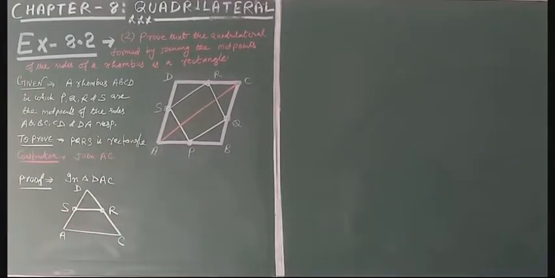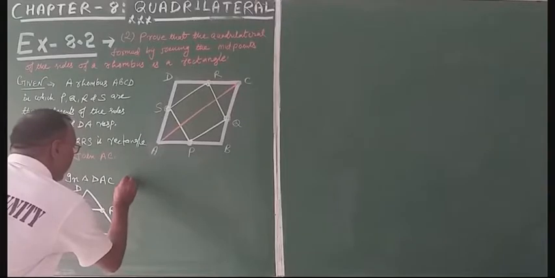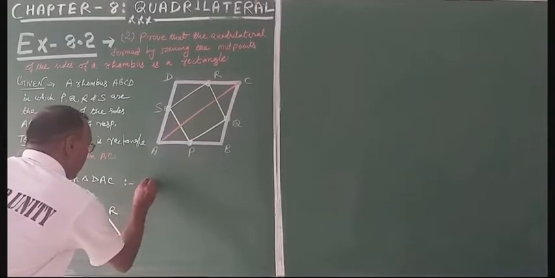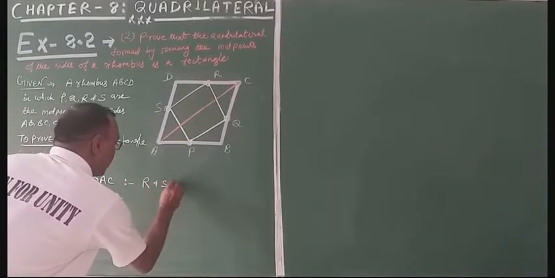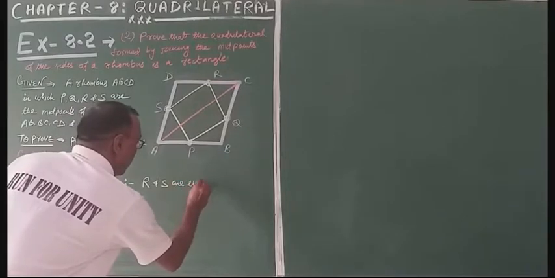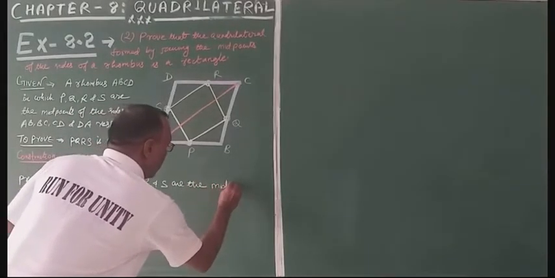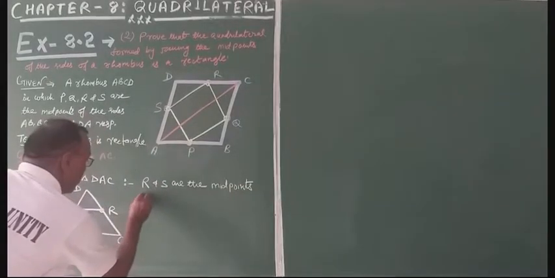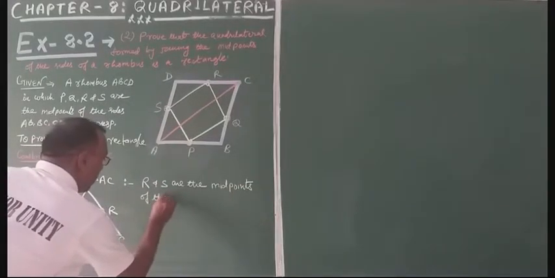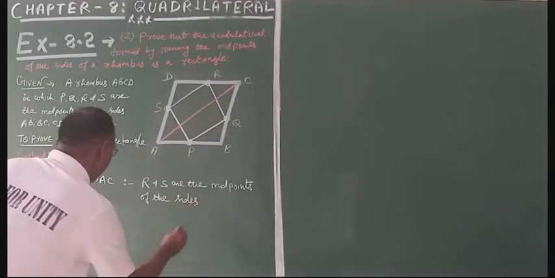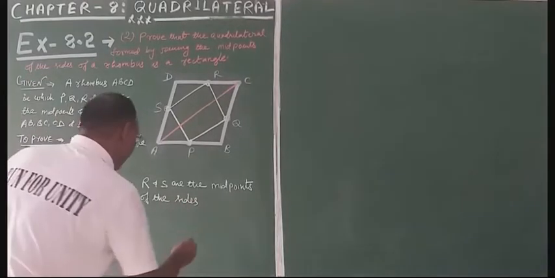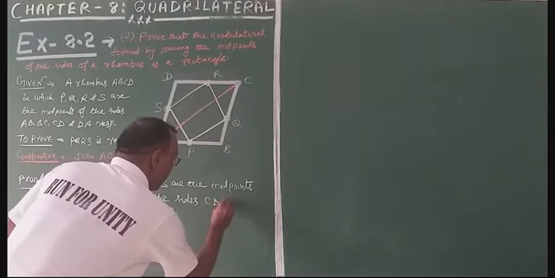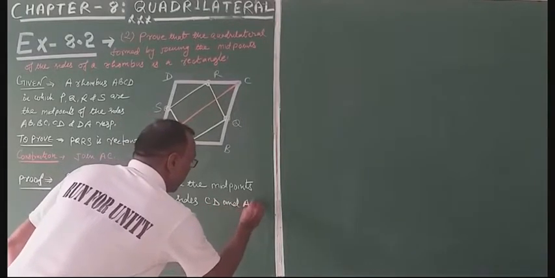Using the midpoint theorem, R and S are the midpoints. In triangle ADC, R and S are the midpoints of the sides CD and AD.